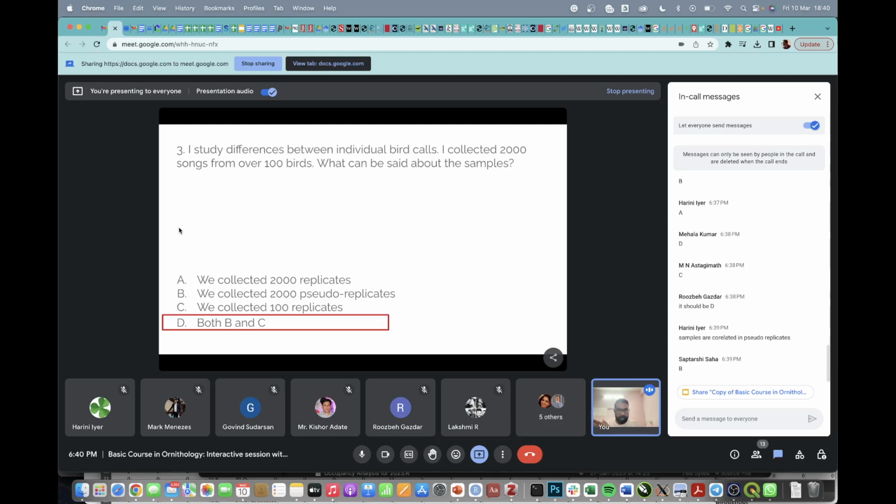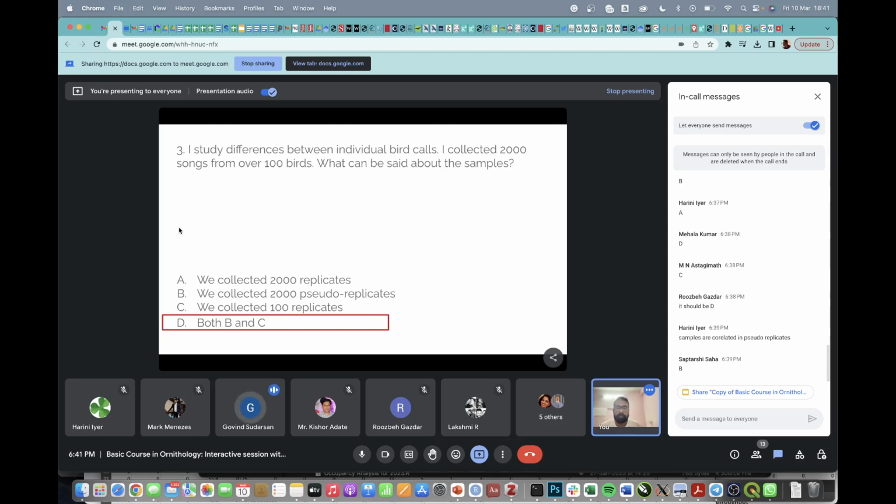What you have is 2,000 calls of 100 bird samples, so you have 100 replicates. If, like Govind says, it could be 20 calls per bird, it doesn't matter. You have collected 100 replicates because you have sampled 100 birds, because your study was basically differences between the calls of individual birds. So both B and C are true in this case.